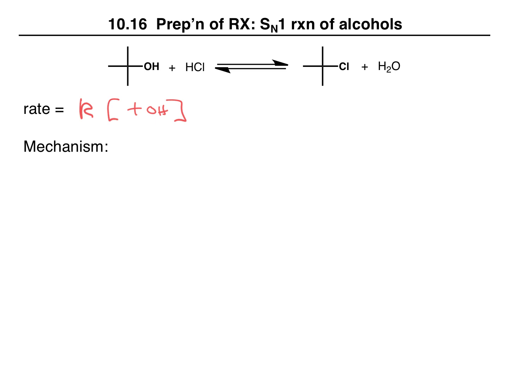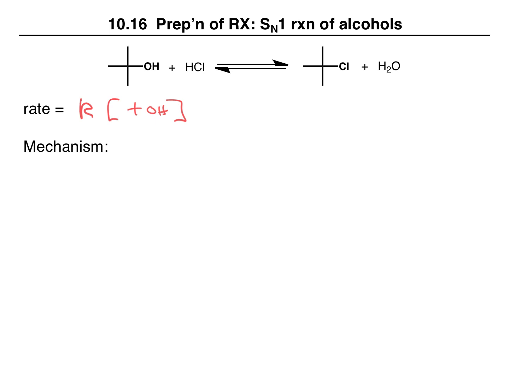So we need to have a mechanism that can explain how this reaction works and that is consistent with this experimental evidence. But it's also important to keep in mind that a mechanism can never be proven. We can collect evidence that supports a proposed mechanism, but it's always possible that somebody designs a new experiment that disproves a particular mechanism.